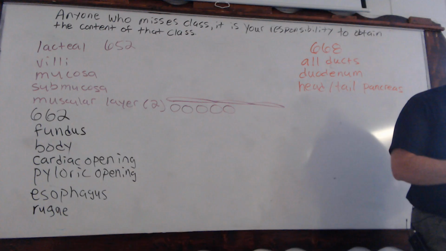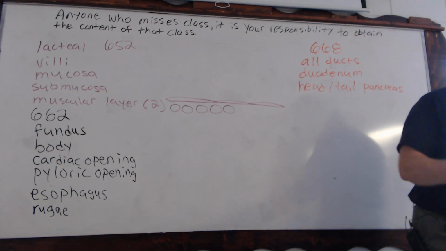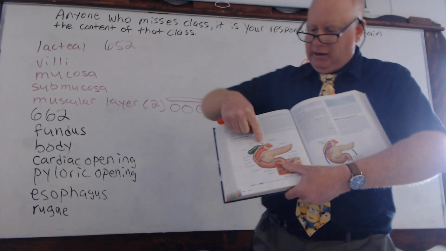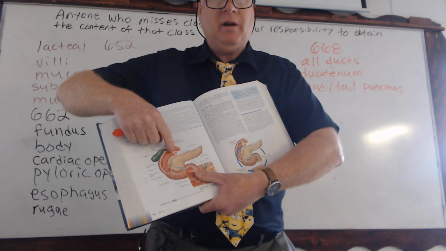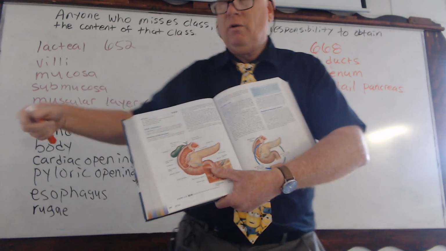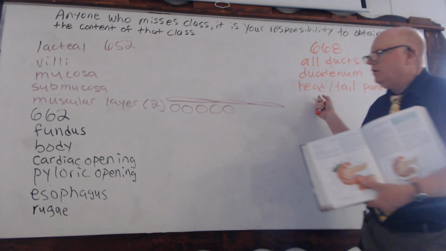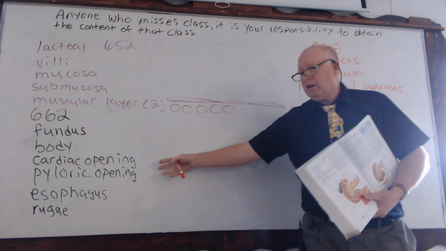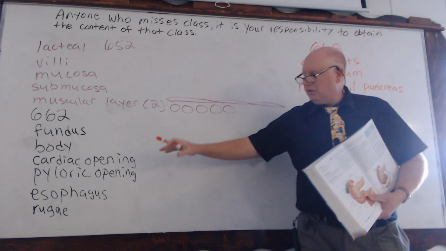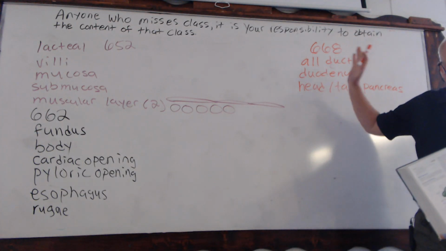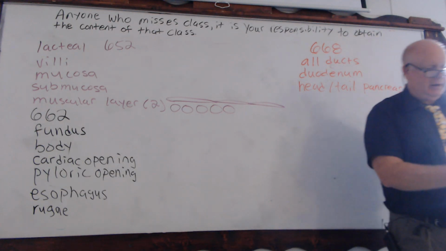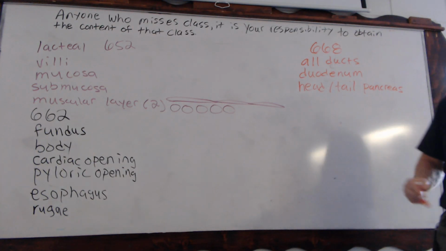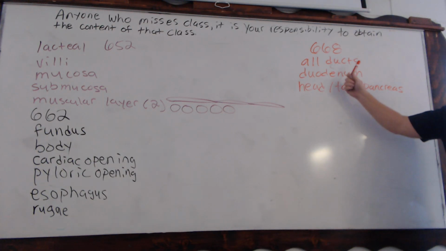Yeah. So if you look at this diagram, we also see that the pyloric opening is right here. And even though we're not writing this down, we do have it over here. So some of these identifications on one diagram can also be placed on another. Okay? So that does 2, 3, 4.